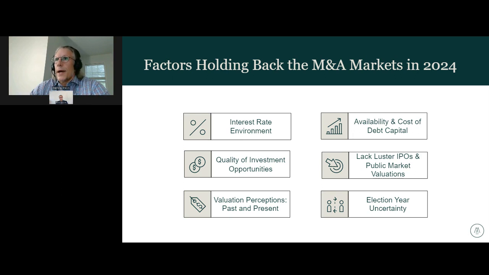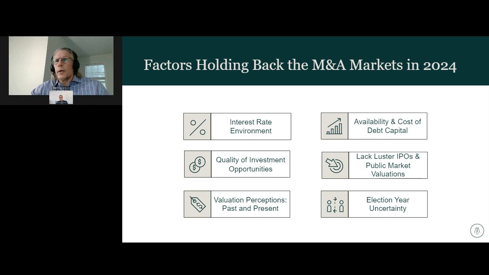And it's just not a reality to consider the prior heyday of 2021 as your bogey. So we're going to have to see how that plays out, as I think sellers are starting to get a little more tempered on their expectations.